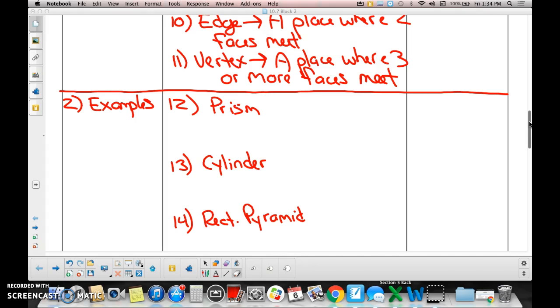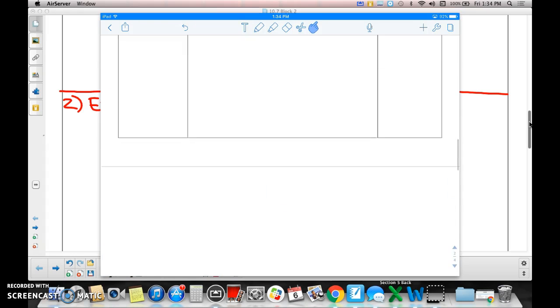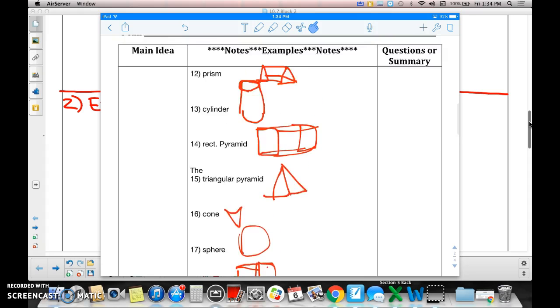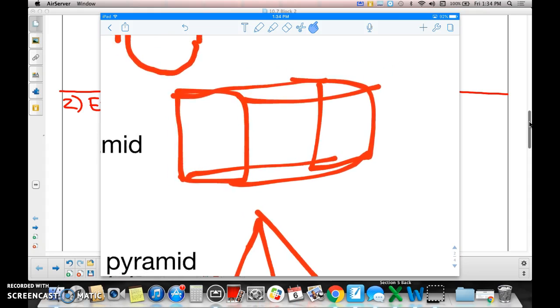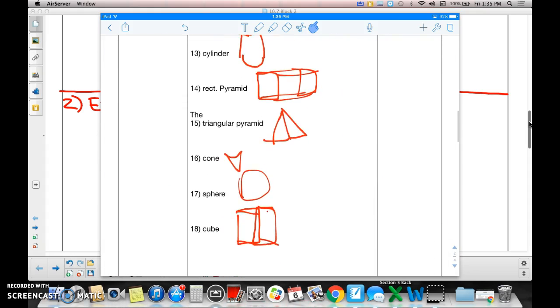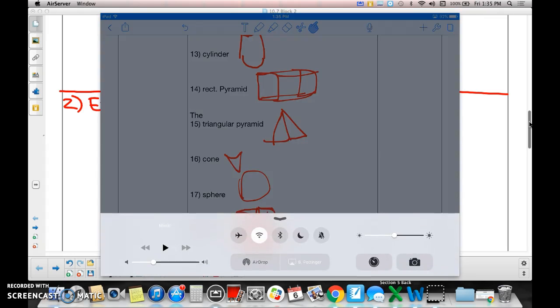Next person coming in, what is it? Rectangular pyramid, who is it? Okay, you're coming in. Somebody read me the definition for a rectangular pyramid. Tiffany, really loud. We don't have that one? Okay, so let's look at this rectangular pyramid. That does not look like a rectangular pyramid to me. We don't have rectangular pyramid in our definition. Do we have pyramid in our definition? Can somebody read me the definition for a pyramid? What is the definition for a pyramid, Miss Yasmin?